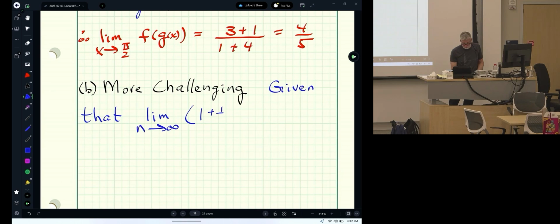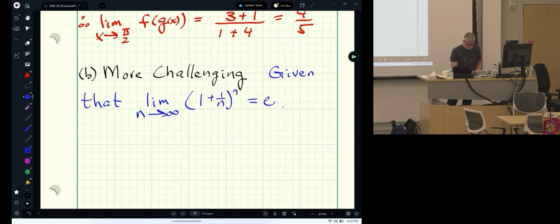The limit of 1 plus 1 over n to the n equals E. Evaluate the limit as n goes to infinity of 1 plus x over n to the n.